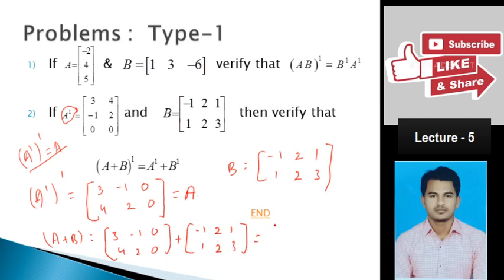That is 3 plus -1... 2. -1 plus 2 is 1. 0 plus 1 is 1. 4 plus 1 is 5. 2 plus 2 is 4. 0 plus 3 is 3. And it is our (A + B) whole dash, which means 2 1 1 and 5 4 3.